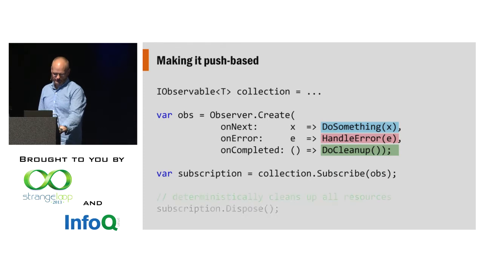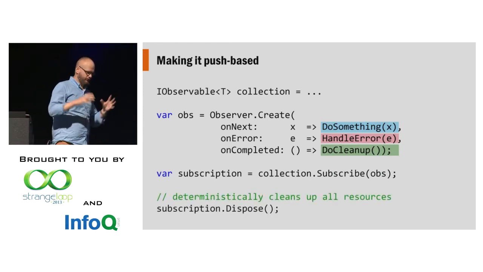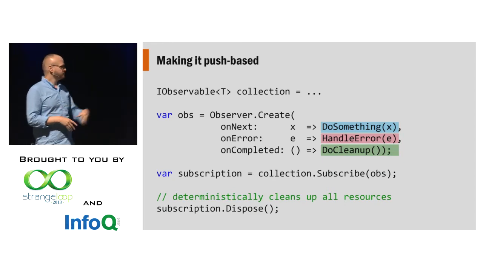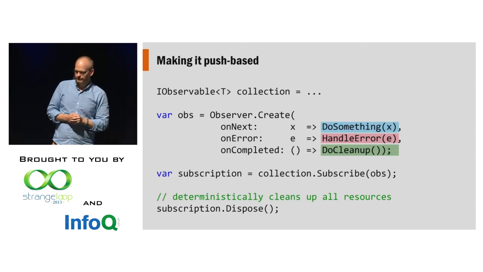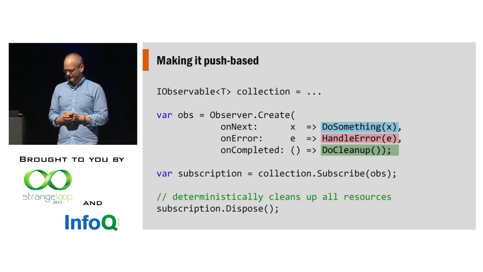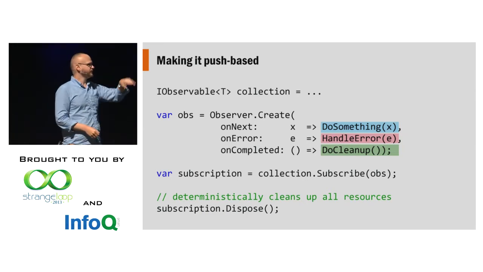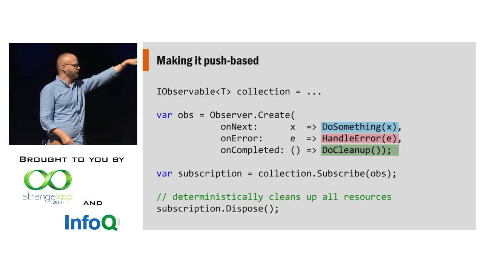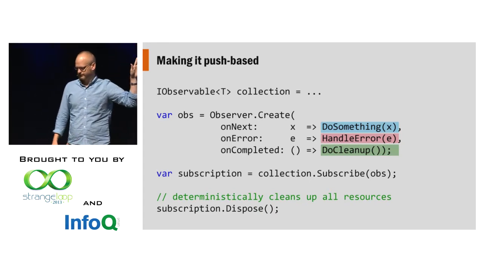Well, what we want to do is get all the logic together, and then at a certain point we can dispose of it all at once. So, for example, you could never have leaking event handlers. When you call, for example, subscribe with an event handler, we add a handler. And then when you call dispose, it removes the event handler.